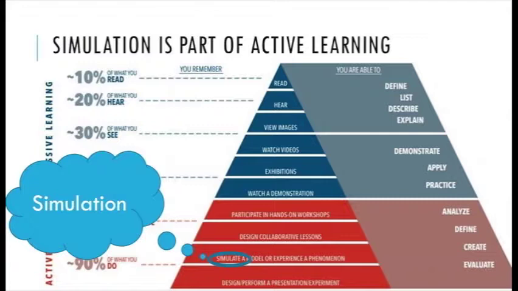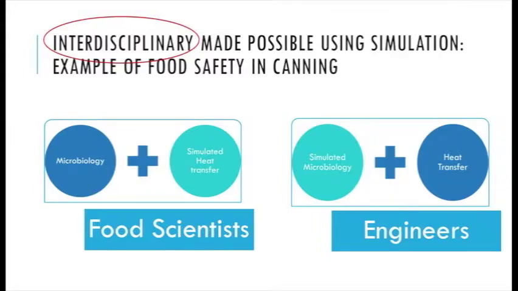One of the major advantages of simulation is to make interdisciplinary subject matter possible. I elaborate that with the most common everyday example of food safety in canning as an interdisciplinary process that involves microbiology and heat transfer.